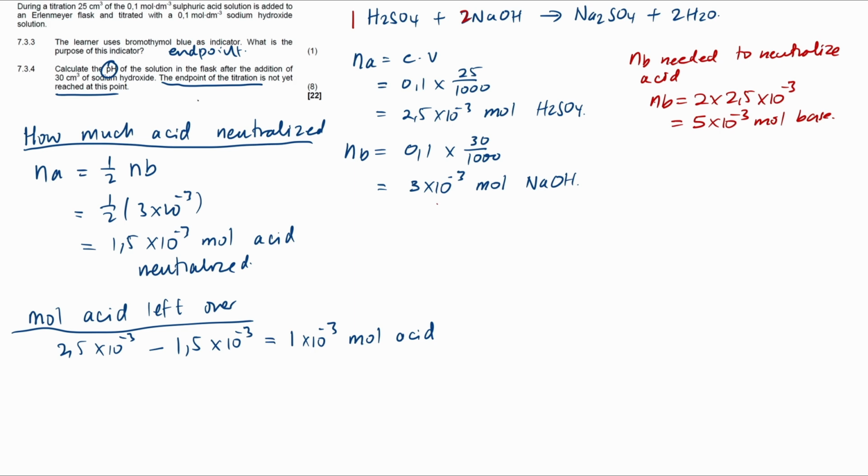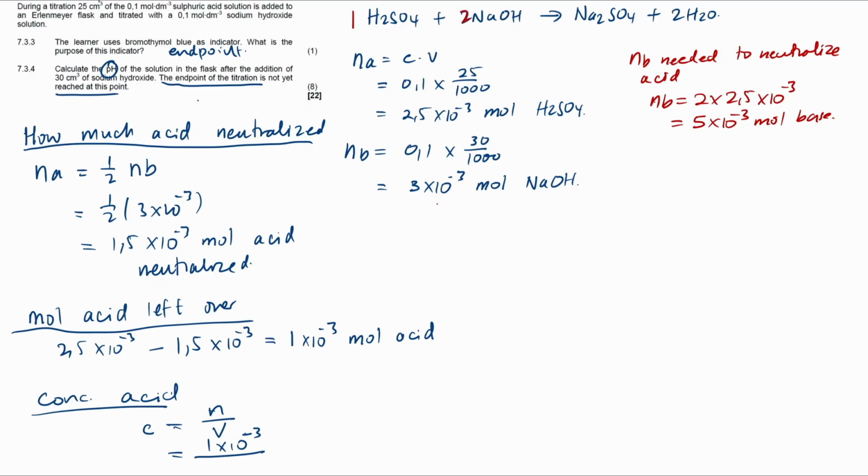Once we have the moles of acid left over, we can calculate the concentration. The concentration is equal to number of moles divided by volume. So the number of moles here, 1 × 10⁻³, divided by the volume. As I said before, we need to keep in mind additive volume, because this number of moles is now sitting in a larger volume.